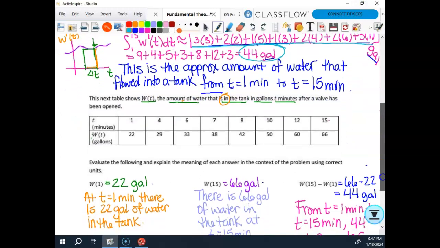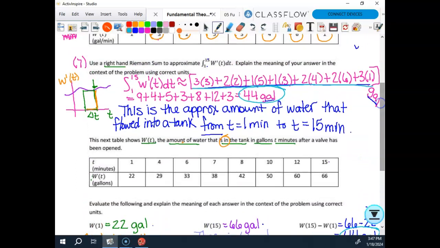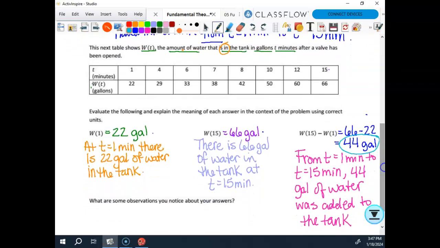Right here, right? So this up here is what equals 44 gallons. And here, this is what equals 44 gallons. And in both cases, what makes sense is that that's the amount of water that was added to the tank or that flowed into the tank.